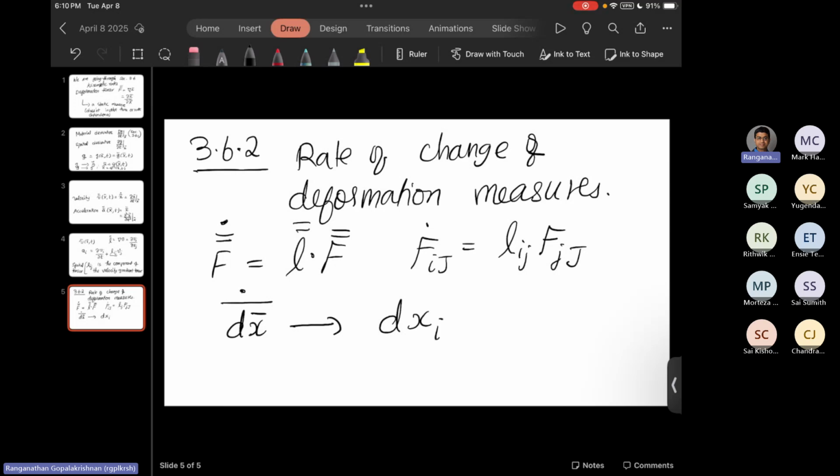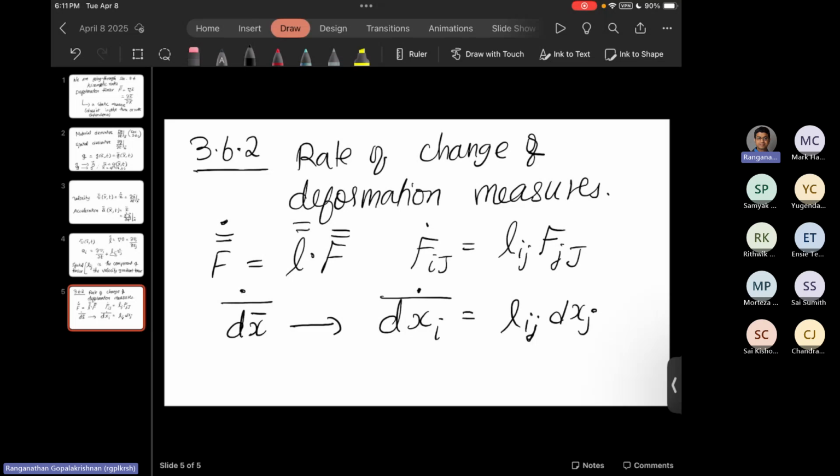So if you take dx_i and the derivative of that, that would be L_ij times dx_j. So the deformation tensor F, the rate of deformation tensor F dot, and the velocity gradient L.